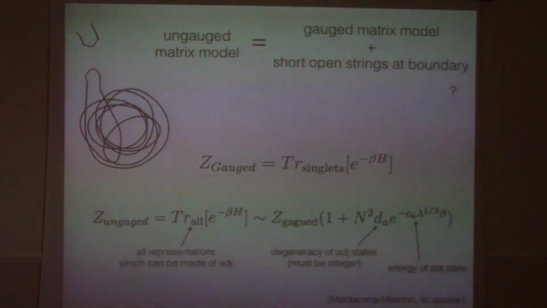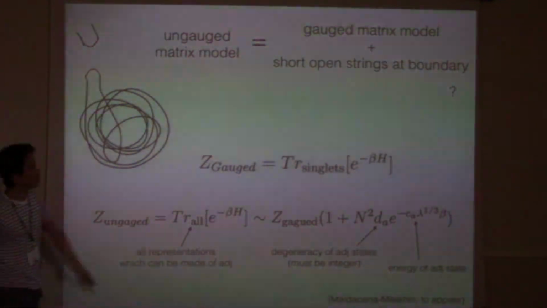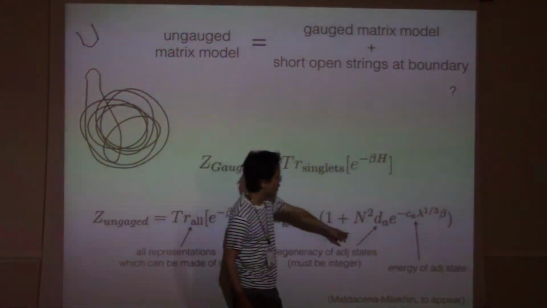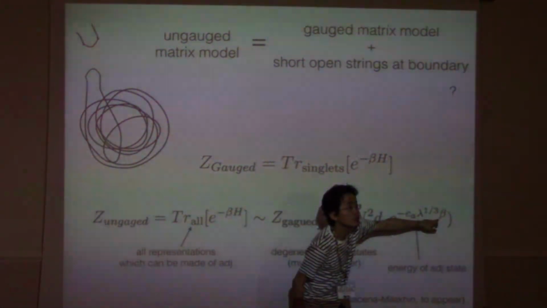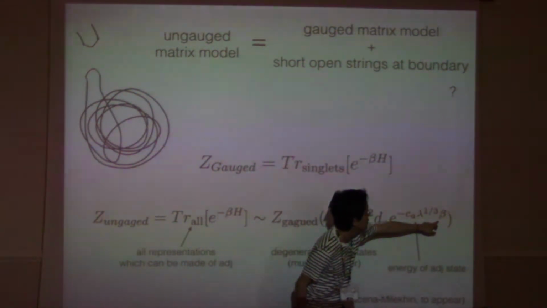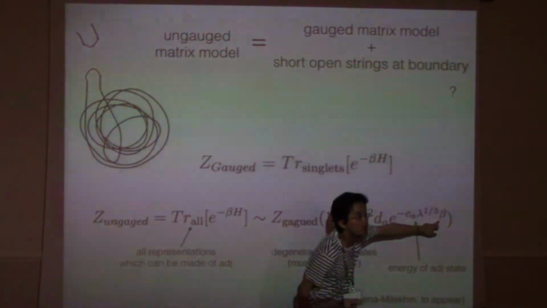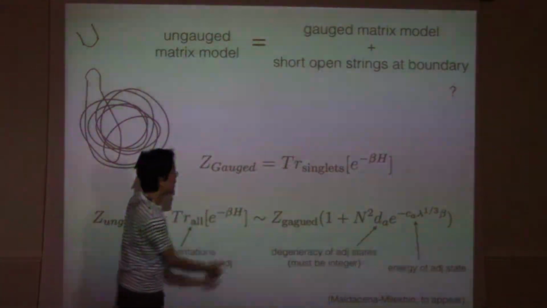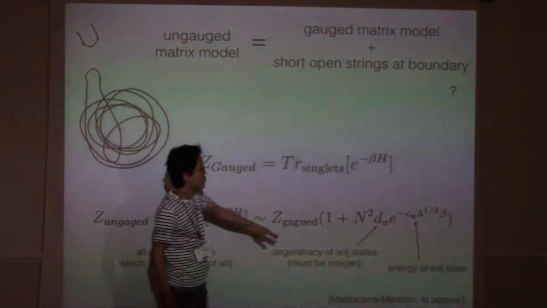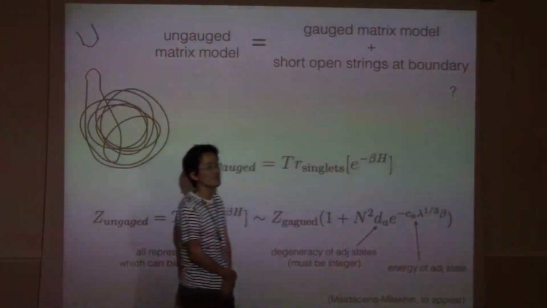So if this picture is correct, that means the gauged matrix model and the ungauged matrix model should be very close. In the partition function, beta is 1 over temperature. When beta is infinity, meaning zero temperature, you just have this exponentially suppressed correction.